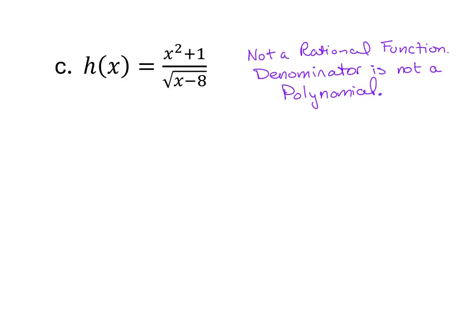Okay, we can still find the domain though. And so for our domain, this is going to be the most complicated one that we're going to look at. And this is not going to be a high priority, okay? But just to show you how this works.